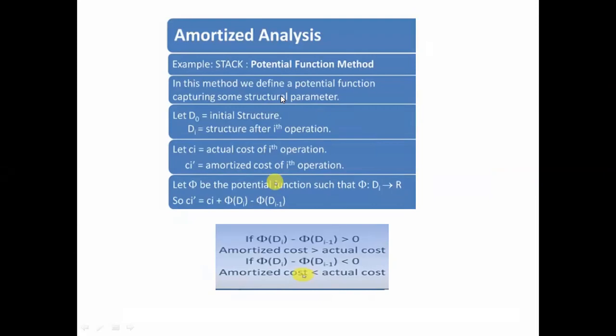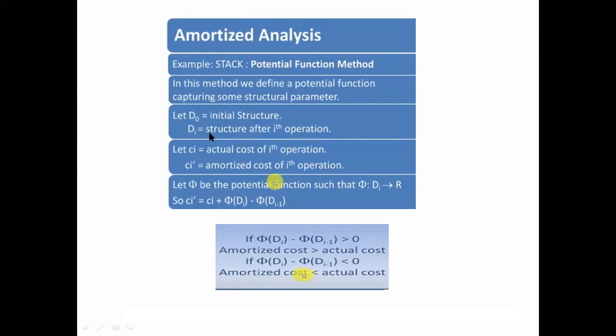Instead of associating costs or taxes with particular operations or pieces of the data structure, we represent prepaid work as potential that can be spent on later operations. So potential is a function of the entire data structure. Here we define a potential measure capturing some structural parameter.